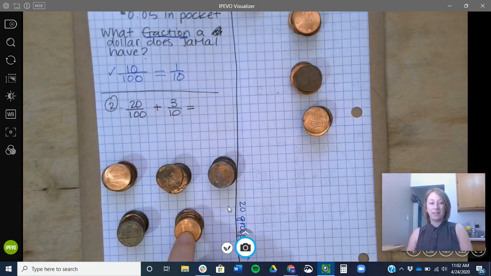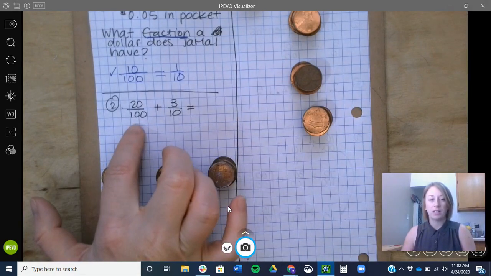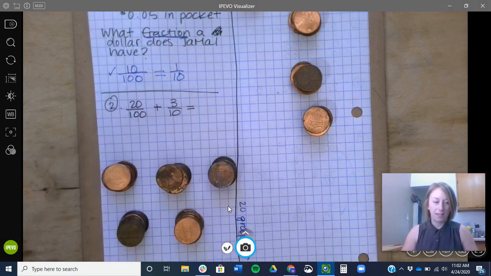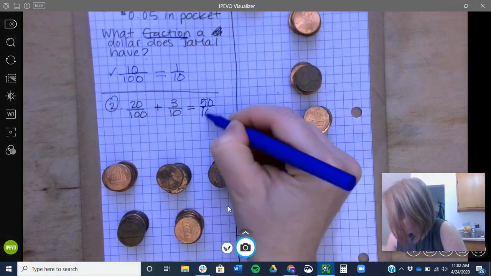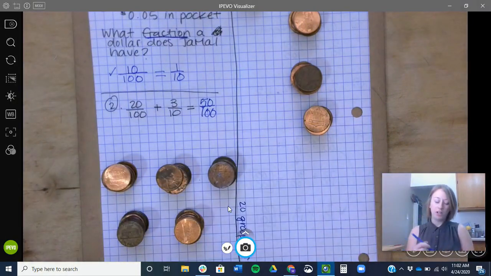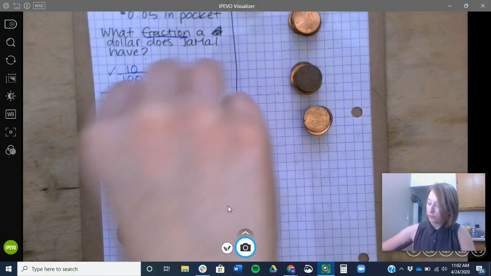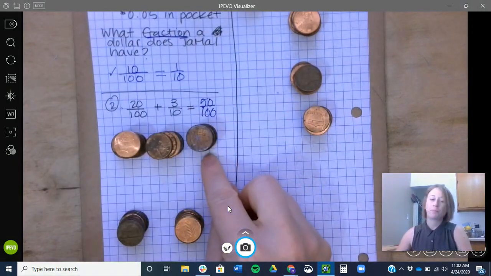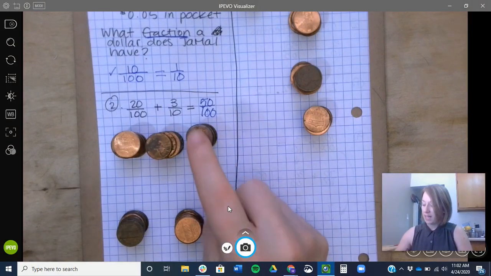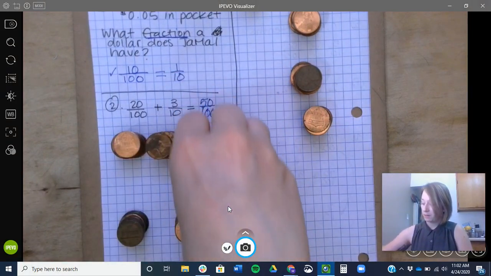Well, that must mean then that 20/100ths plus 3/10ths is equivalent to 50/100ths. Because 3 groups of 10 make 30. 10, 20, 30.